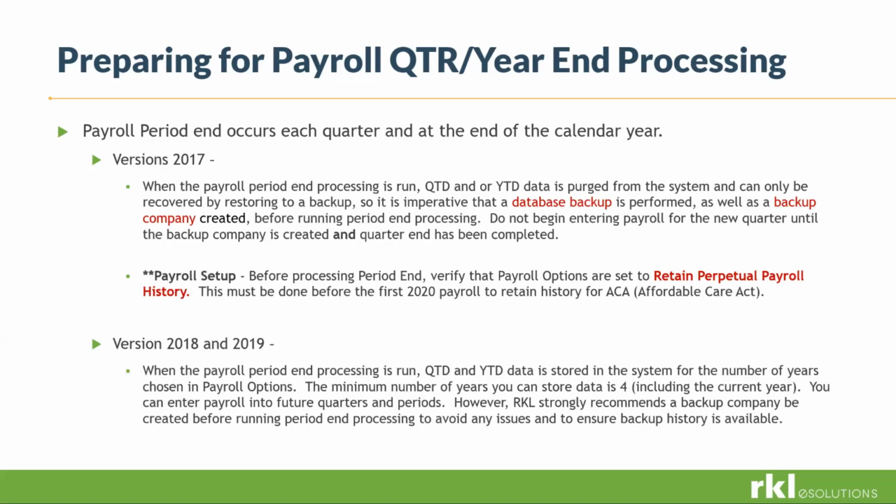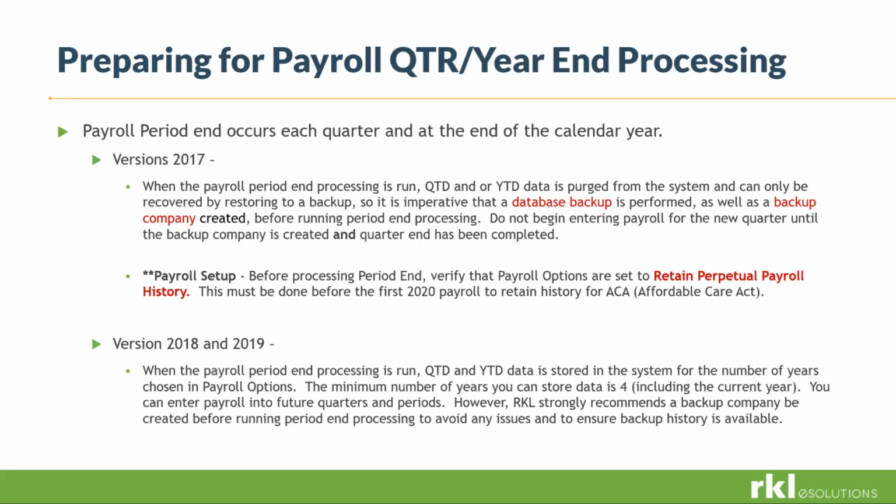If you're on version 2018 or 19, then when payroll period end processing is run, the quarter-to-date and the year-to-date data is stored in the system. Under your payroll options in your setup menu, you do define now the number of years that you would like to keep of history, which is the same as you're currently doing for your other modules.